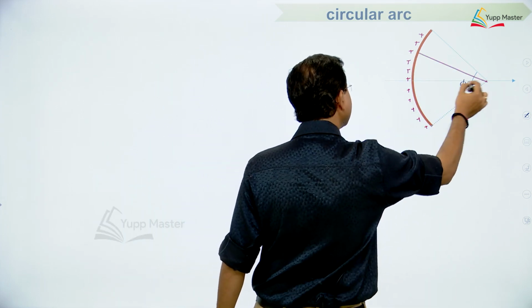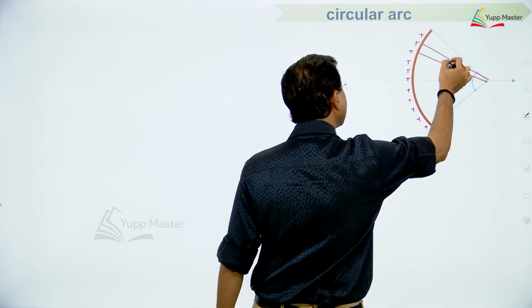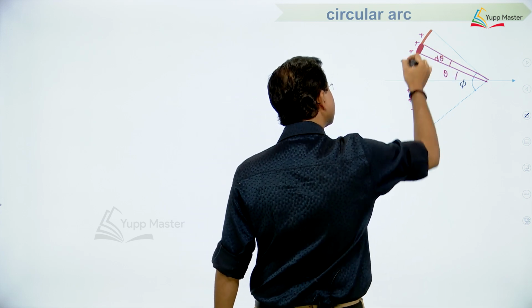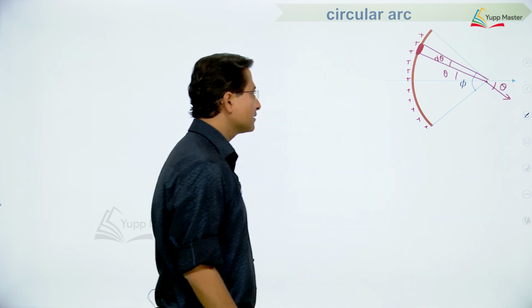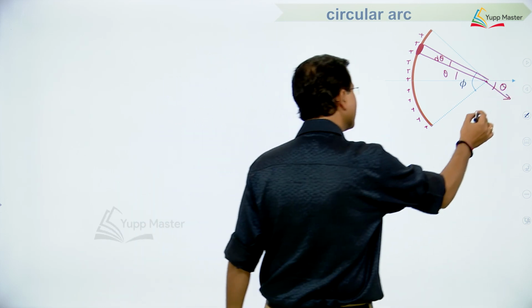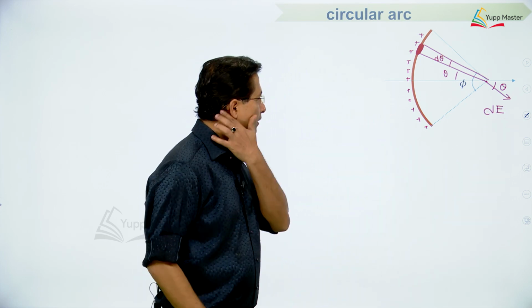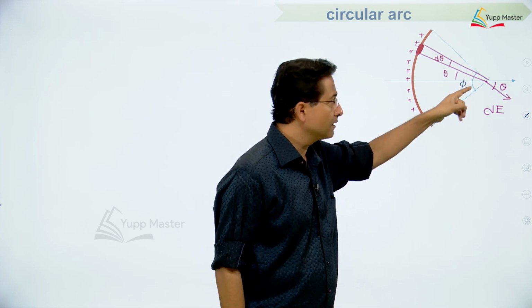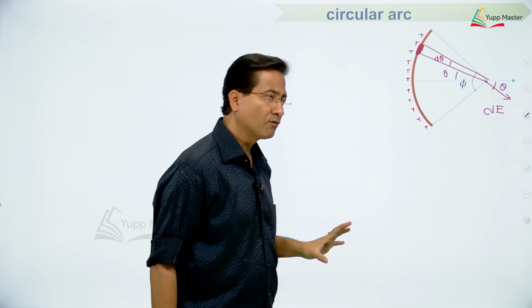I can take an element at an angle theta which is subtending angle d theta here. So this particular element will create the field in this direction, where this angle is theta, right. So dE, this part is subtending angle phi at the center, half of that, this part is phi by 2 and this part is phi by 2.